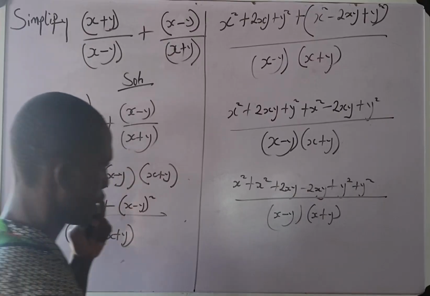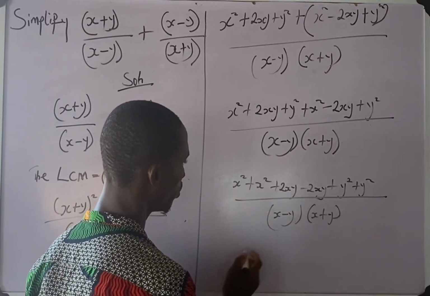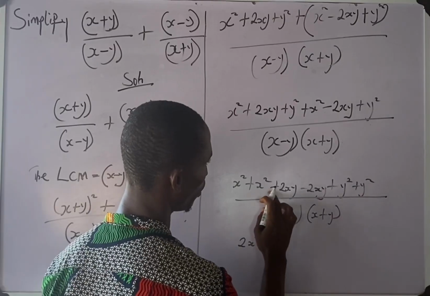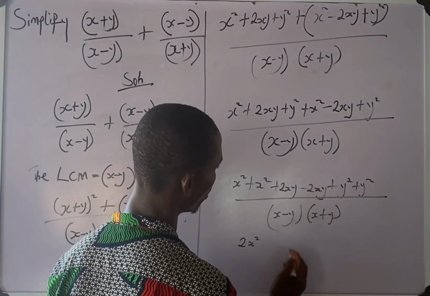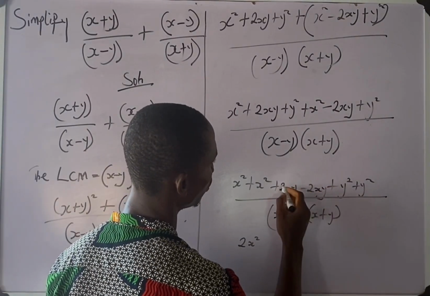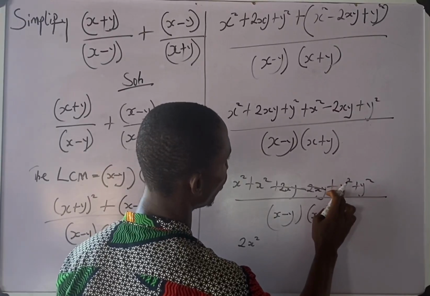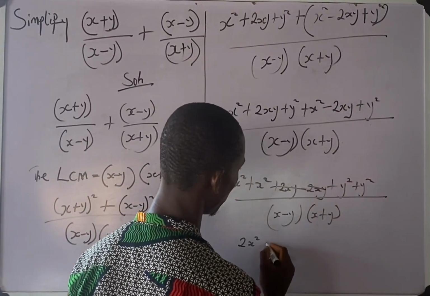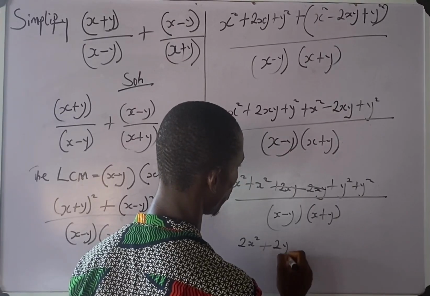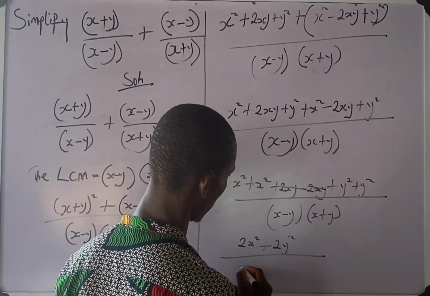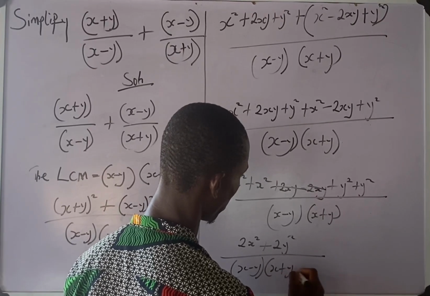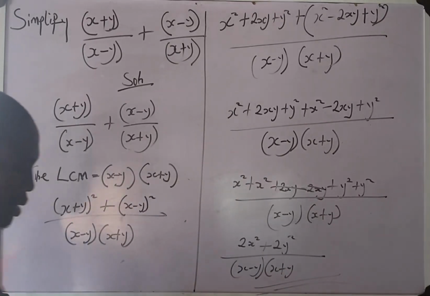So x squared plus x squared gives us 2x squared, and 2xy minus 2xy gives us 0, so it is out. So we have 2x squared plus 2y squared all over (x - y)(x + y). And this is the final answer.